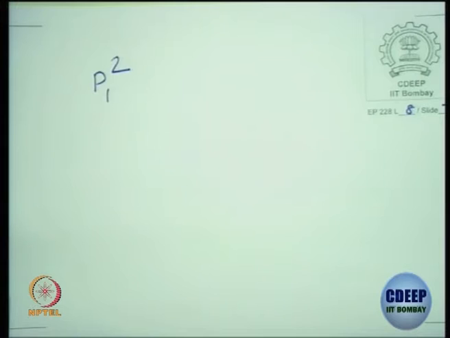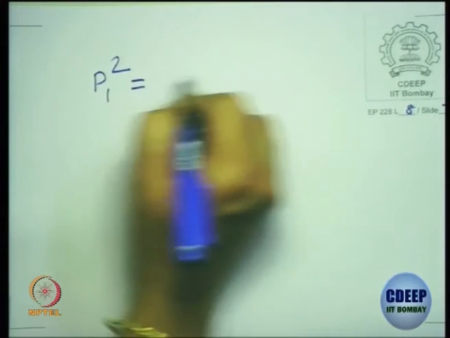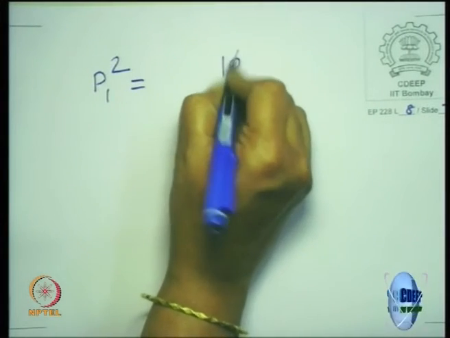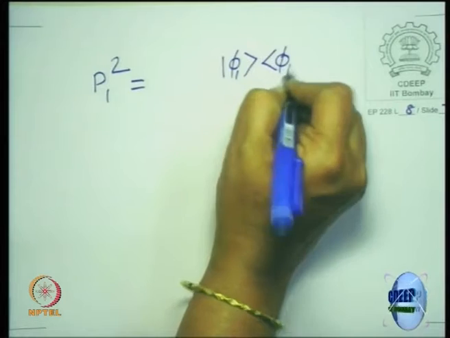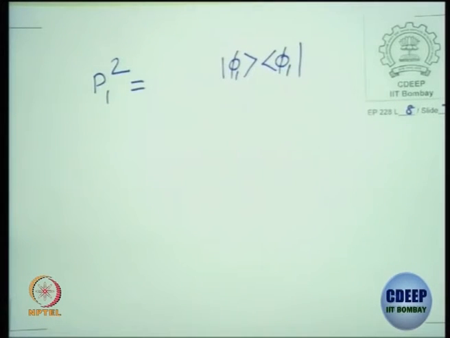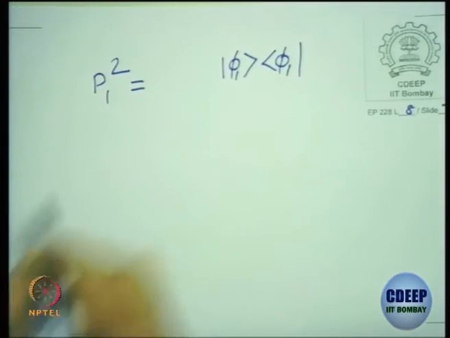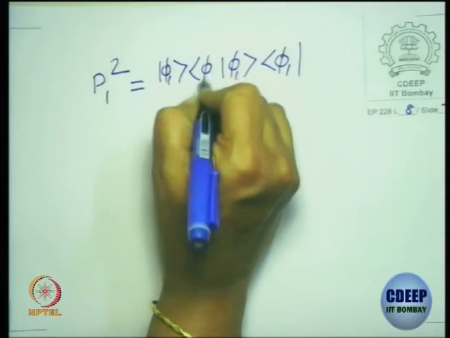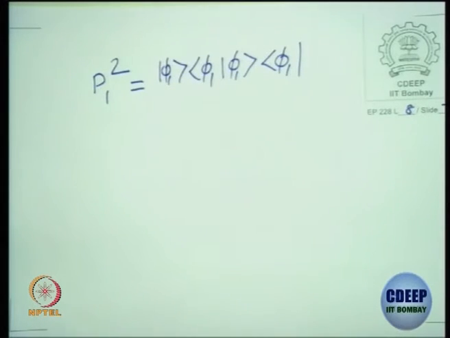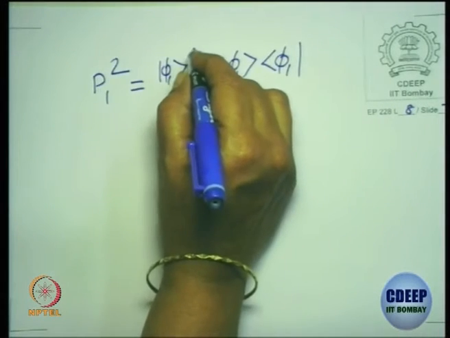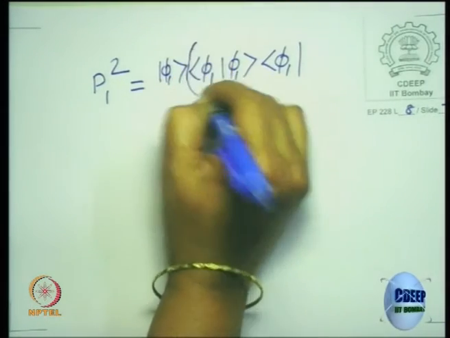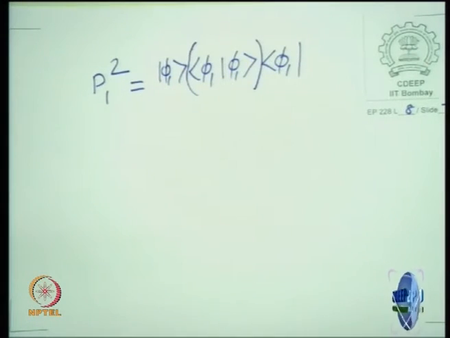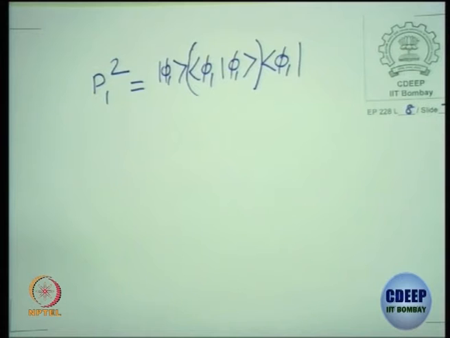Let's take P1 squared. What is P1 squared? P1 is phi 1 phi 1. You will also have a phi 1 phi 1. But what is this? We have taken an orthonormal basis.